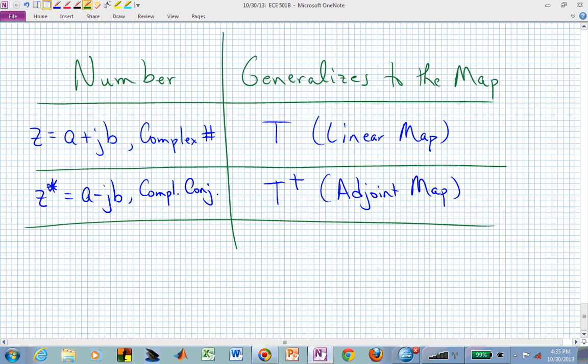Then what about if z was just a real number? Then we know that this map T is in fact a self-adjoint map.